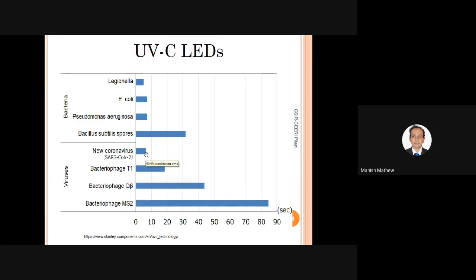If the intensity is less, then it will take around 20 seconds, but it will surely disinfect. Wavelength is very important, but if the intensity is less, the time taken will be more. Two parameters are there: one is wavelength and another is exposure time. So the exposure time will depend on the intensity also.